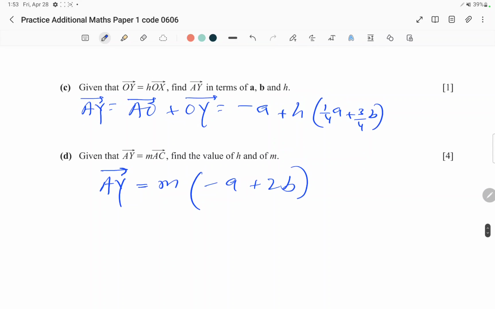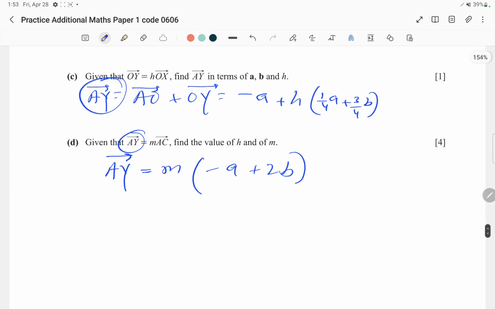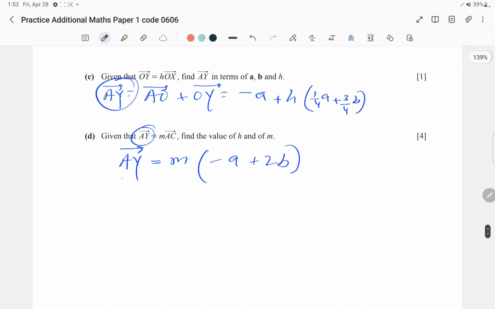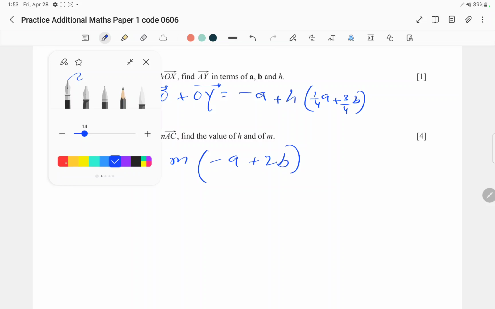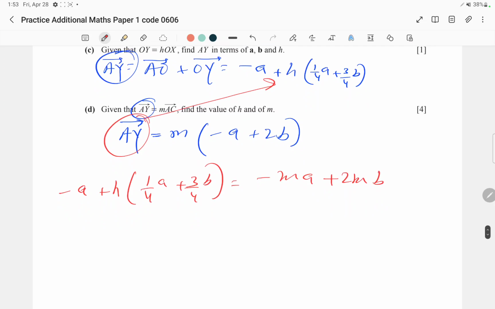But the interesting part is this is AY and this is also AY, right? So we can equate these two. I will use this result, which is minus A plus H times 1 over 4A plus 3 over 4B equals minus MA plus 2MB.